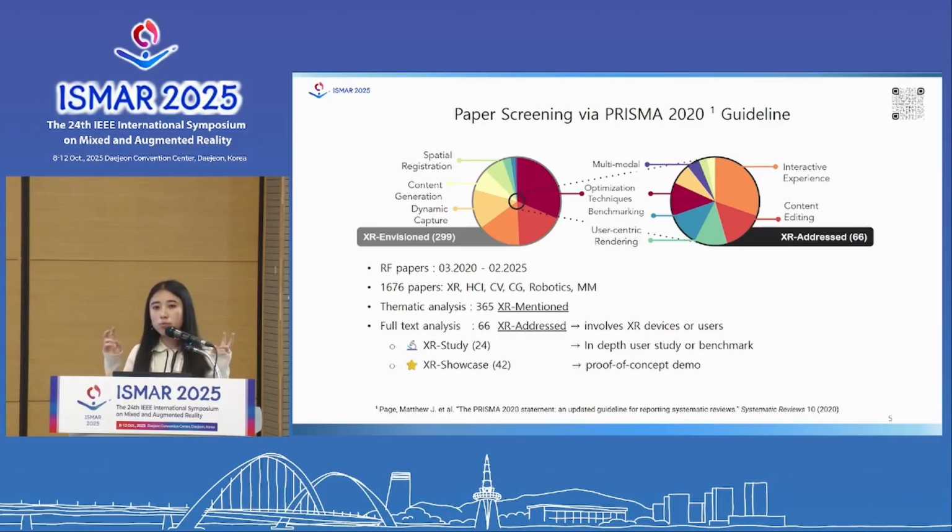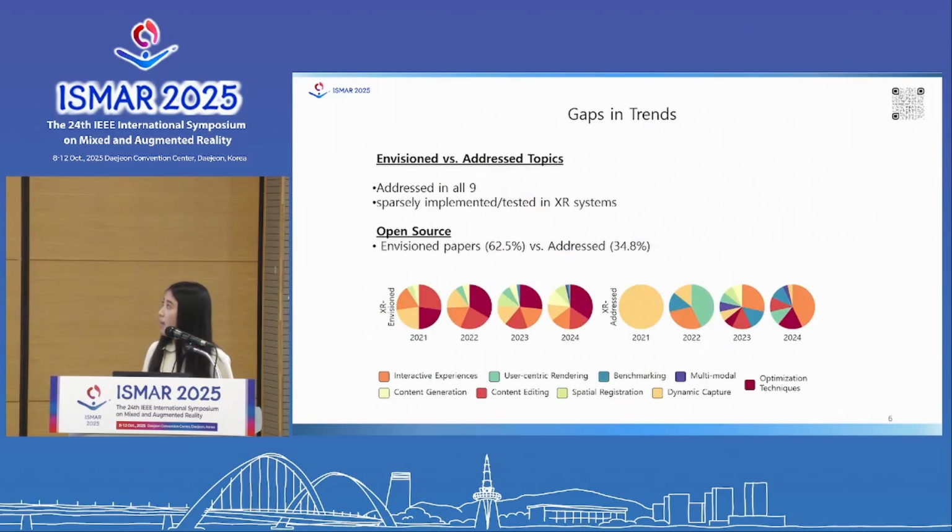They are showing proof of concept demos in an actual XR setting. From the statistical standpoint, we see that XR is actually addressing all the 9 key themes. However, compared to the ratio of the contribution from the vision, graphics and robotics community, the size of XR address is quite sparse at the moment.